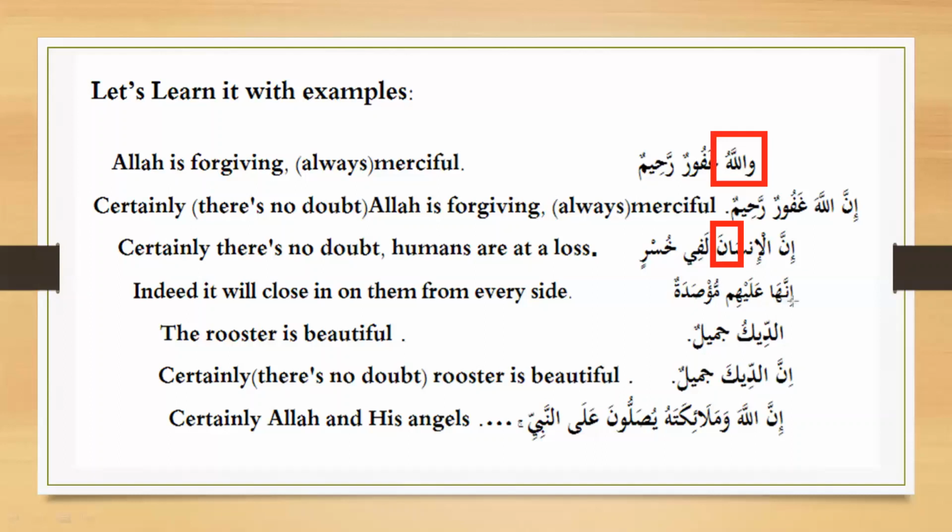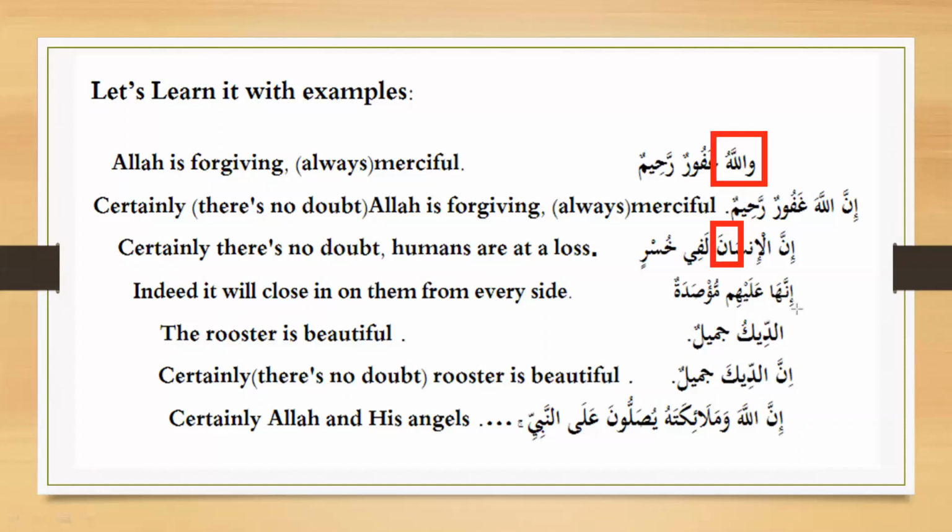But look, inna and then ha. We know that ha is an attached pronoun, and this attached pronoun can be in nasb or jar status. Because here it's just coming after inna, it must be in the nasb status because it's following the harf of nasb. Innaha.